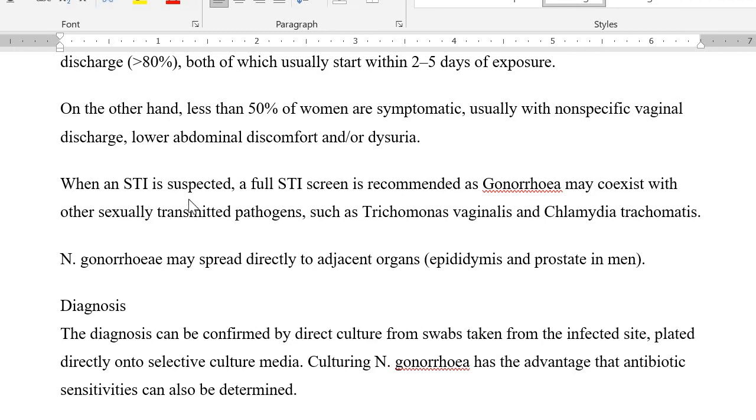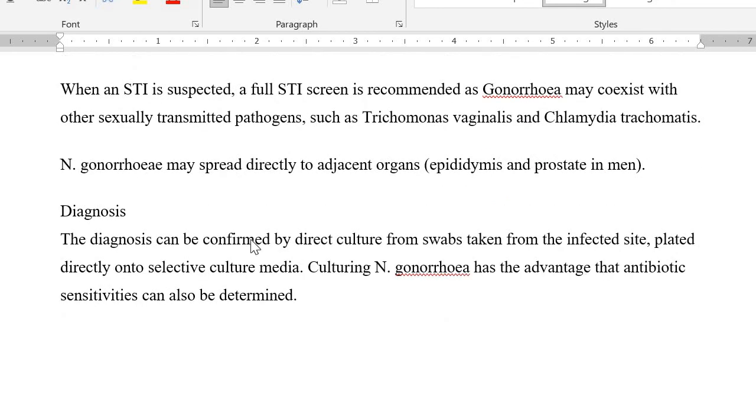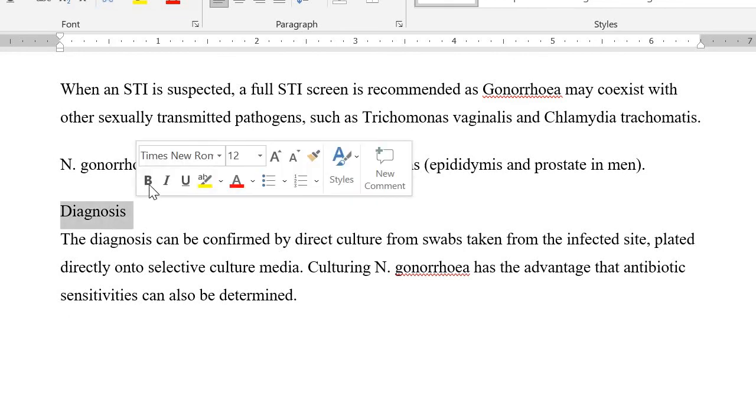When an STI is suspected, a full STI screen is recommended as gonorrhea may coexist with other sexually transmitted pathogens such as Trichomonas vaginalis and Chlamydia trachomatis. Gonorrhea may spread directly to adjacent organs, like the epididymis and the prostate in men. So how do we diagnose it?